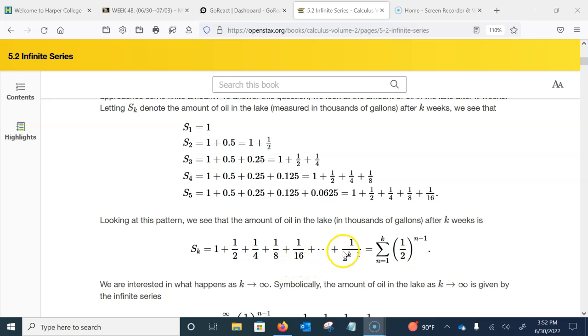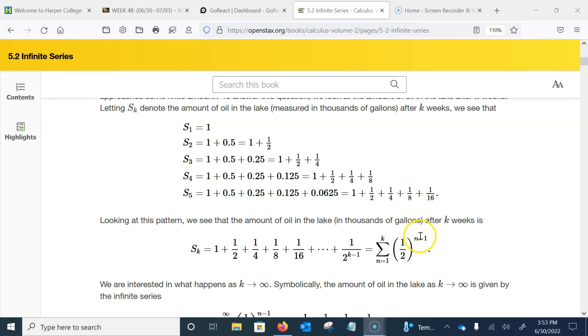Dot, dot, dot. And so the 10th one would be 1/2 to the 9th power. The 11th one would be 1/2 to the 10th power, etc. And so the sum would be the sum from n equals 1 to k of 1/2 to the n minus 1. So where do they get the n minus 1? Well, the first term in the sum is 1/2 to the 0 power.